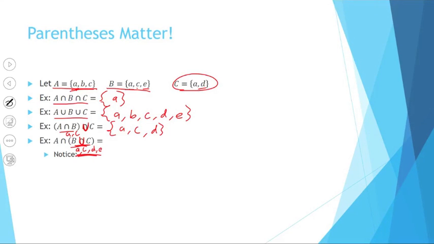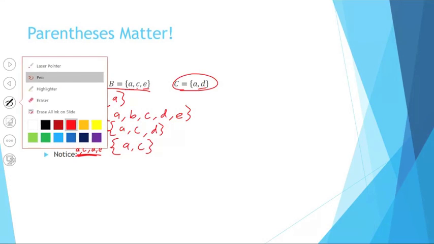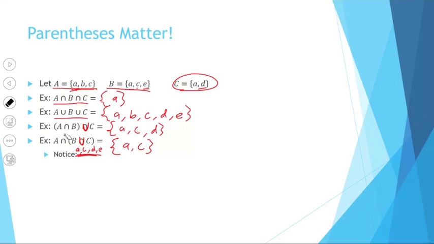And they only have A and C in common. So notice both of these examples here were very similar, except the parentheses were just in different places. So it does matter kind of where you focus your attention on what is in parentheses and what's not.